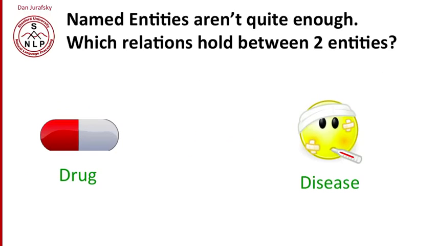Now, named entities aren't quite enough, and to see this, let's look at a couple of examples. Imagine I have an entity drug and an entity disease. What kind of relations can hold between those entities? Well, a lot. The drug could cure a disease, it could prevent a disease, it could even cause a disease. And that's true for any kinds of entities.